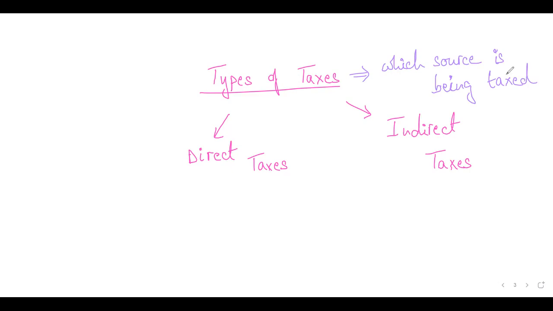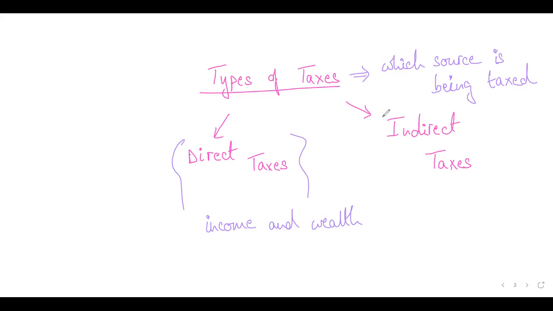Now, Khizr, Khadija, Abdullah, are you guys following me? Type of taxes means which source of income is being taxed. Direct taxes are taxes on income and wealth. When income and wealth are being taxed, those are direct taxes.